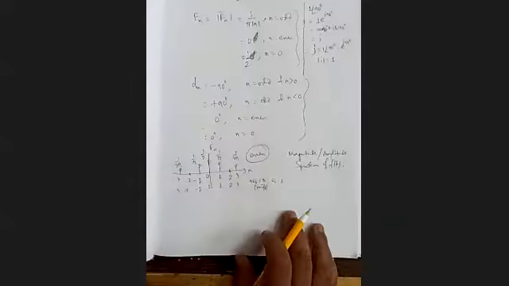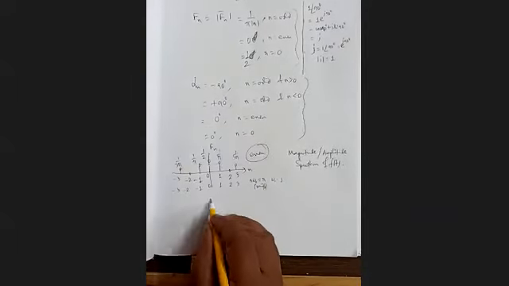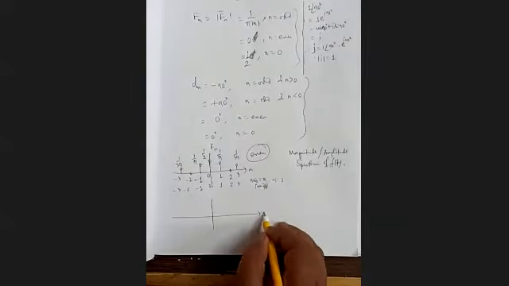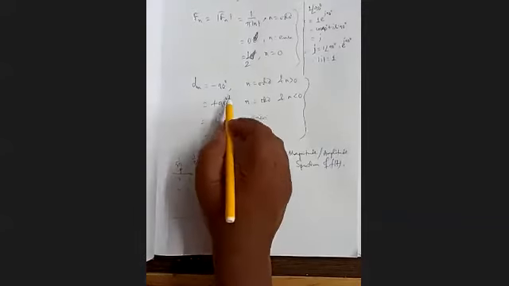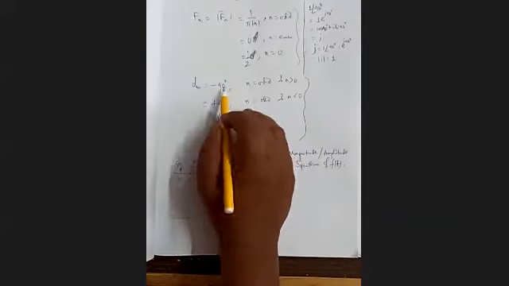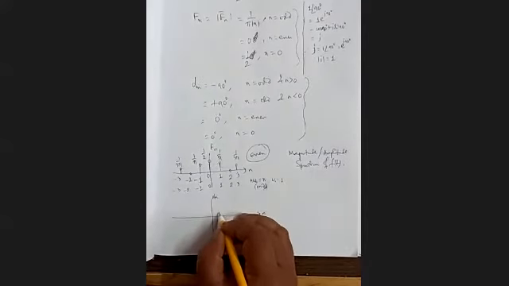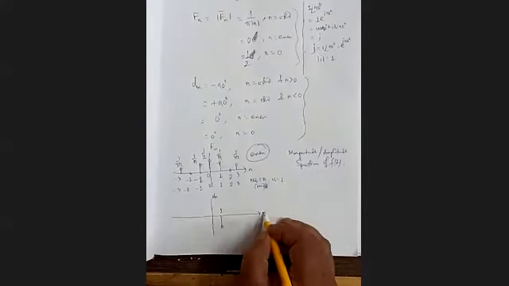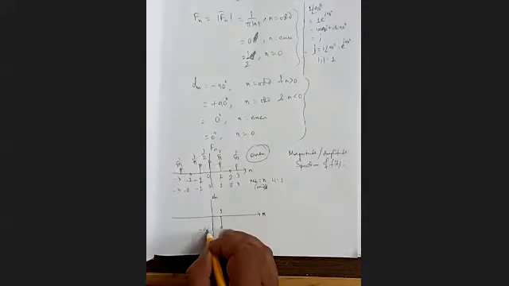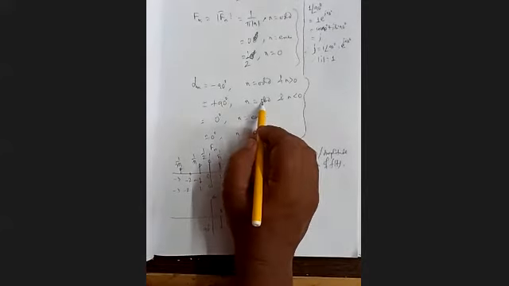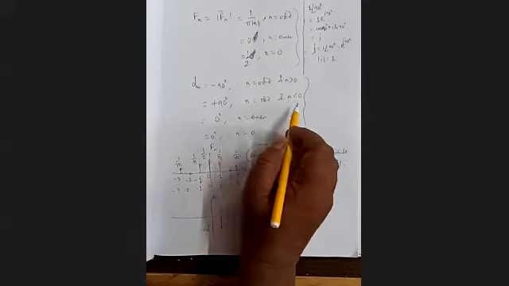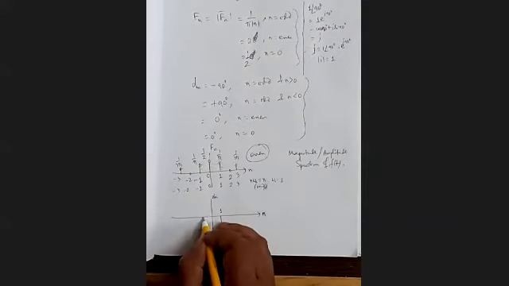Now we can plot the phase spectrum also from the statement of alpha n. How? Alpha n versus n. For odd and positive n it is minus 90. So n equal to 1, minus 90. For odd and negative n, it will be plus 90.